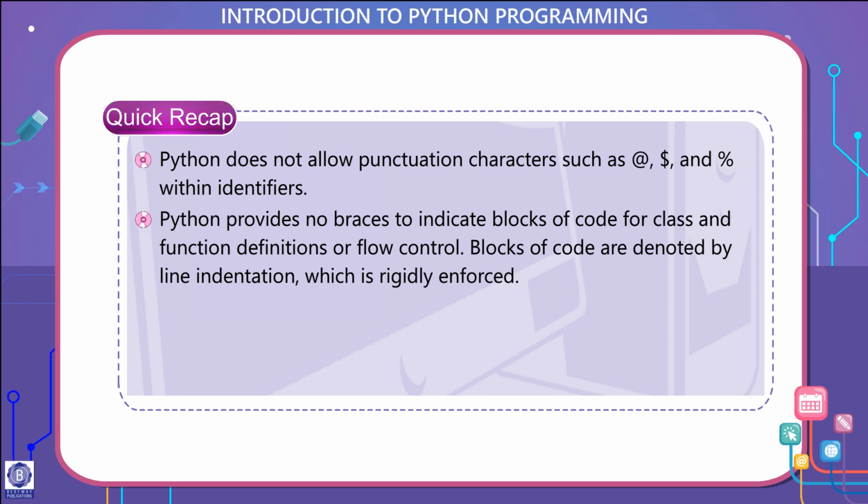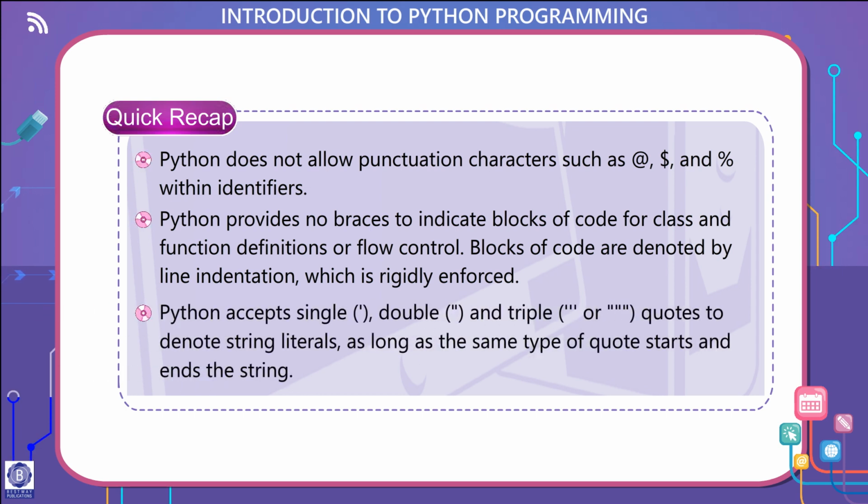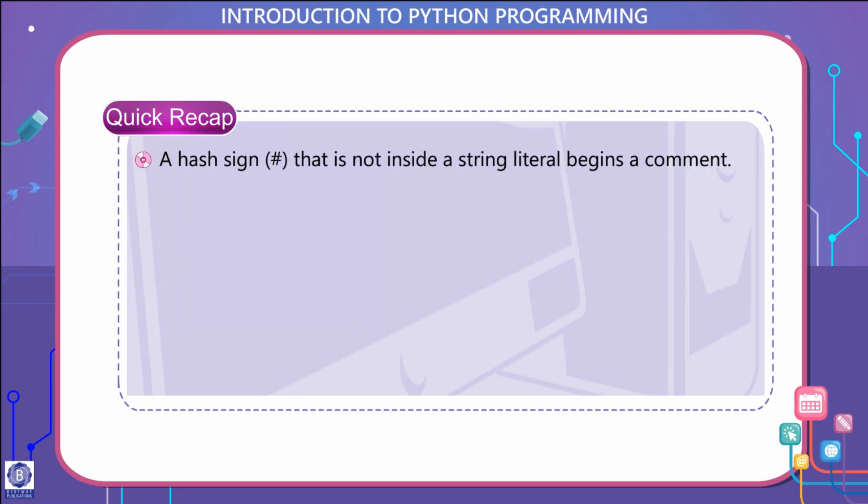Blocks of code are denoted by line indentation, which is rigidly enforced. Python accepts single, double, and triple quotes to denote string literals, as long as the same type of quote starts and ends the string. A hash sign that is not inside a string literal begins a comment.